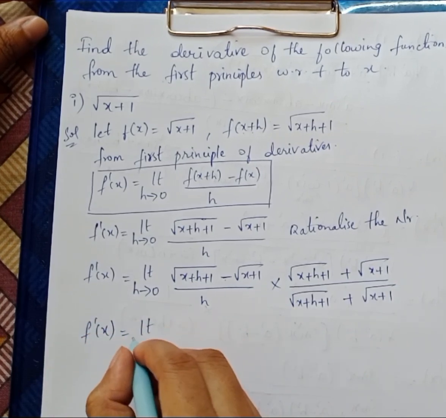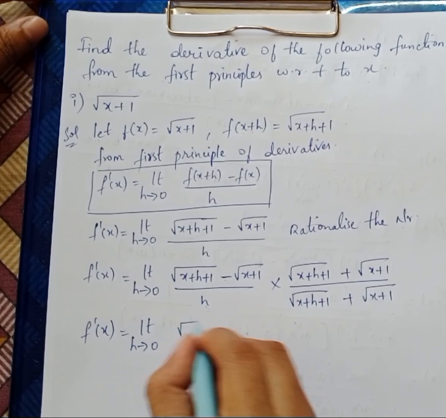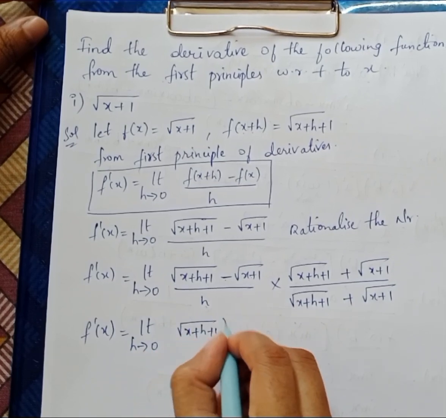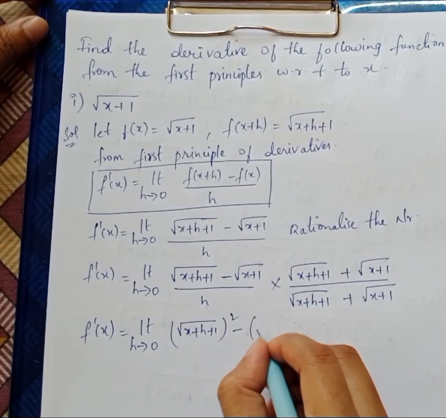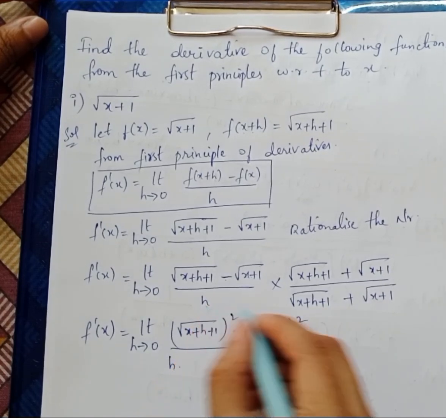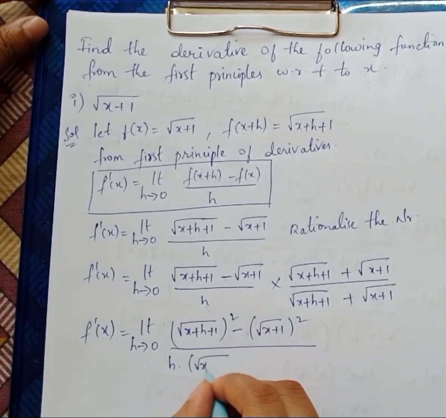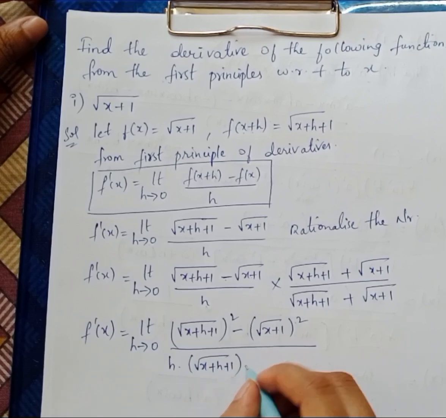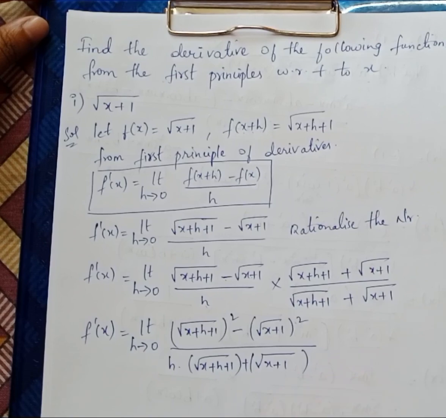So it is limit h tends to 0 of root of x plus h plus 1 square minus root of x plus 1 square by h into this term root of x plus h plus 1 plus root of x plus 1.